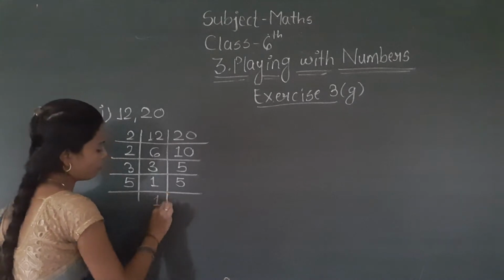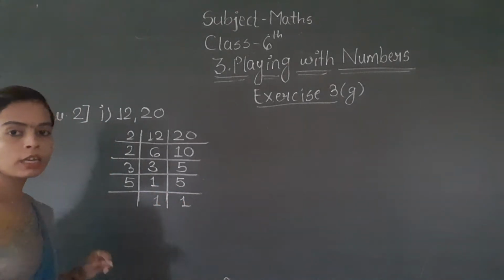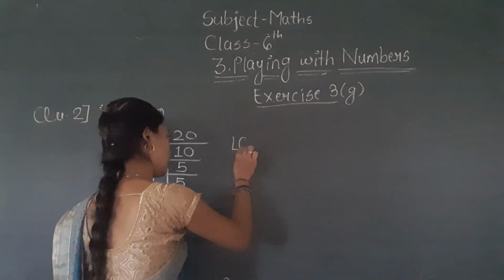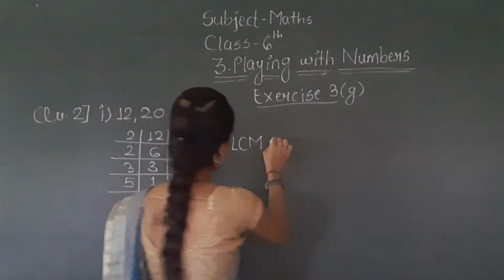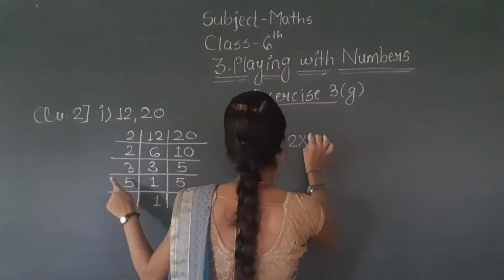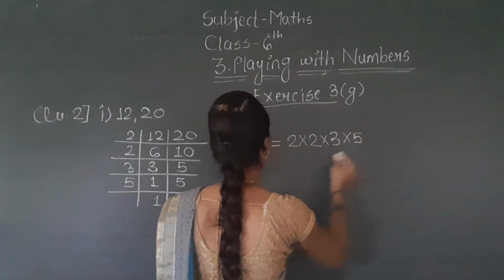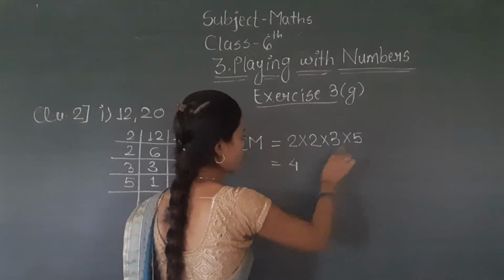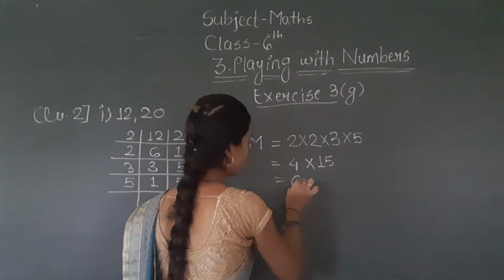Okay, so we will write 1 as it is and 5 1s are 5.